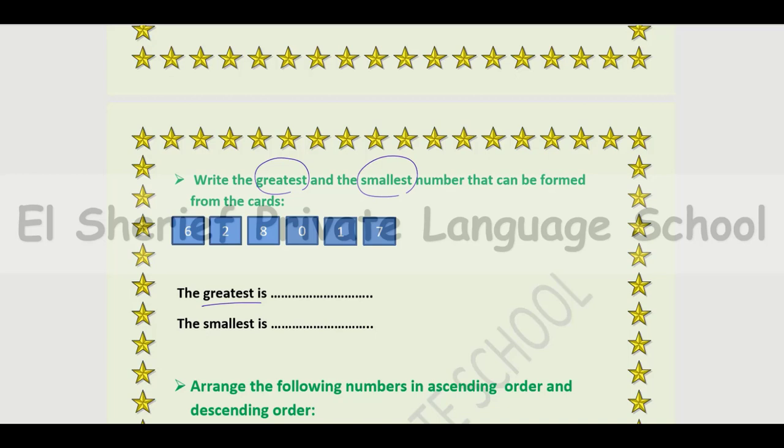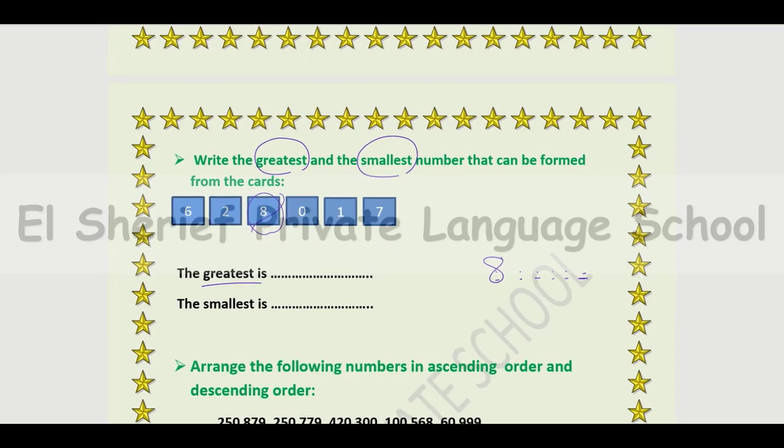Okay, I have 6 cards, so we can put in a draft 6 place value. Units, tens, hundreds, thousand, 10,000 and 100,000. If he asked me to write the greatest number, we look at the greatest number here. The greatest card is 8, so start by 8 and cancel it.